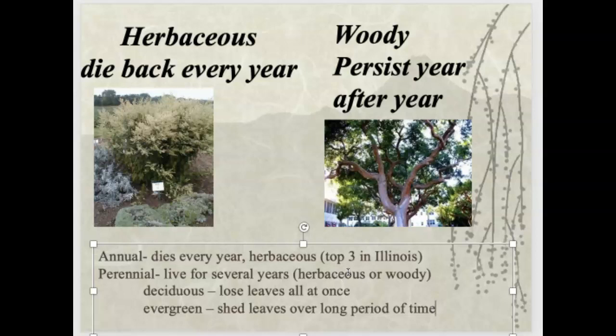They lose a few here, a few there. Year round, they're dropping needles. Year round, they have leaves or needles. But the deciduous, every fall, all those leaves come down. You have to rake leaves, but then you don't have any leaves on the tree throughout the winter and into the early part of spring.